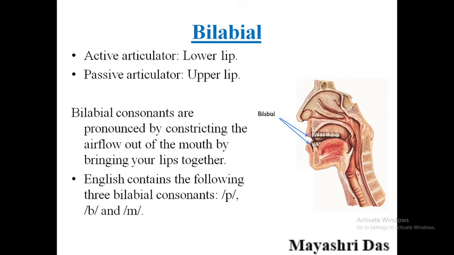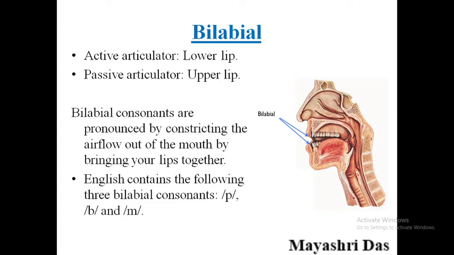First one is bilabial. The bilabial sound is produced with the help of both lips, the lower and the upper lip. It is known as bilabial because bi means two and labial means lips.